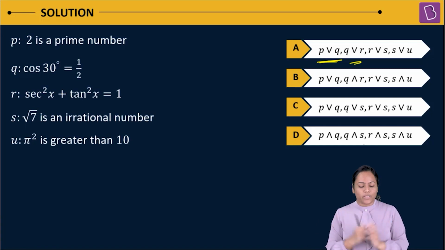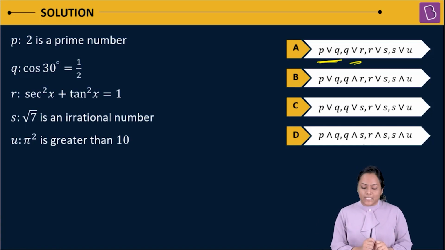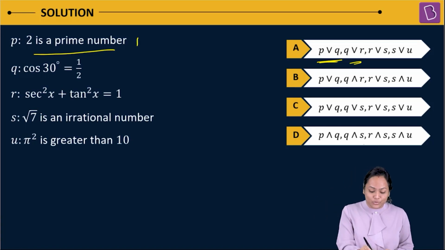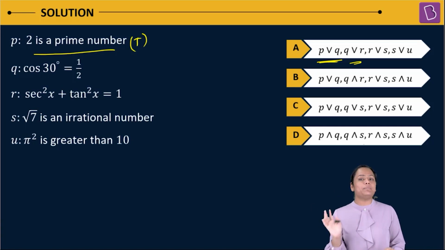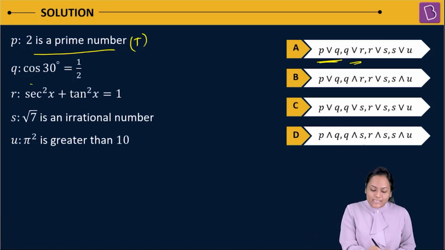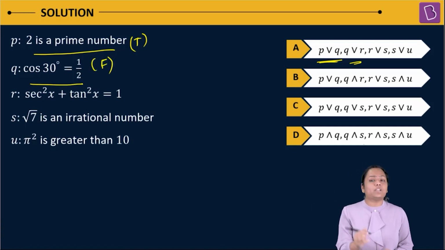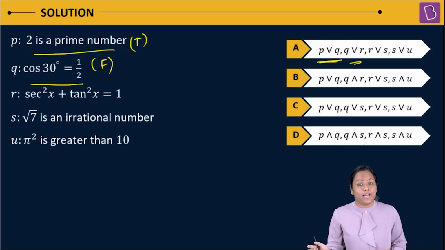Right? Okay. So coming to the P, it's saying 2 is a prime number. Is it a true statement, guys? Well, yes, it's true because we know that 2 is the smallest prime number. Cos 30 is 1 by 2. This is my Q statement. Is it true? Well, this is false. We know cos 30 degree is root 3 by 2.